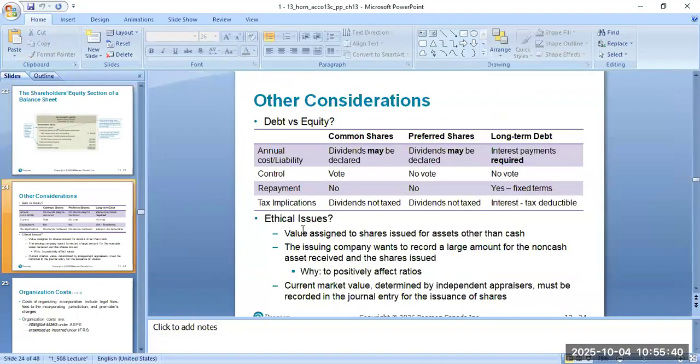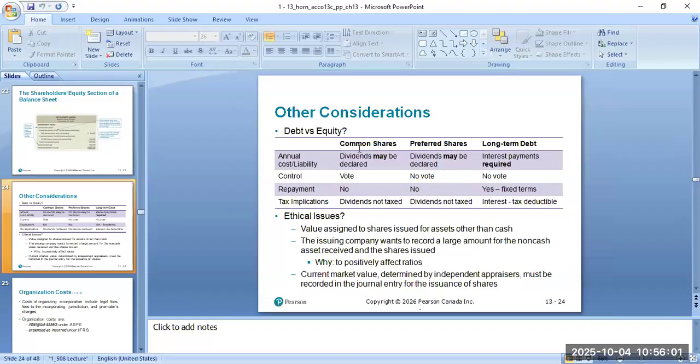So, this is the consideration: should I issue shares and increase the equity, or should I borrow money? What's the cost?